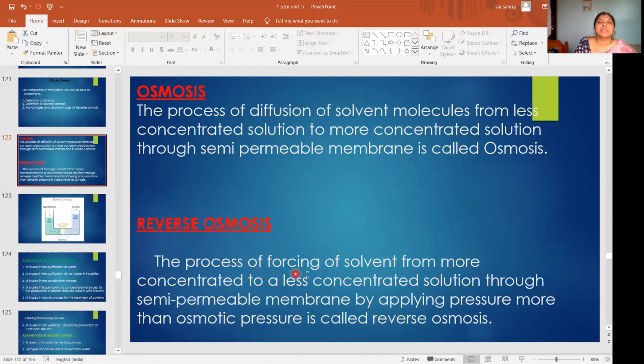Then reverse osmosis: the process of forcing solvent molecules from more concentrated to less concentrated solution through a semi-permeable membrane by applying pressure more than the osmotic pressure. That means we apply some external pressure to stop that osmosis, and that is called reverse osmosis. In osmosis, flow is from less concentrated to more concentrated; here it is from more concentrated to less concentrated, by applying pressure more than the osmotic pressure.